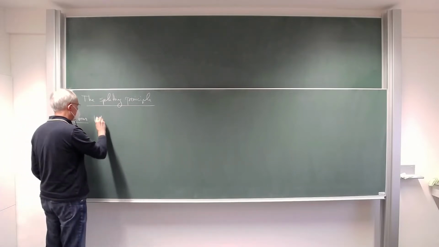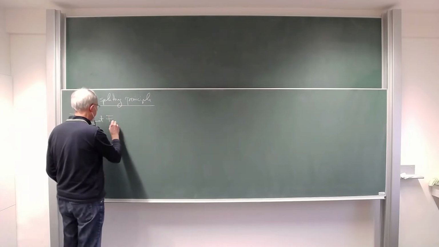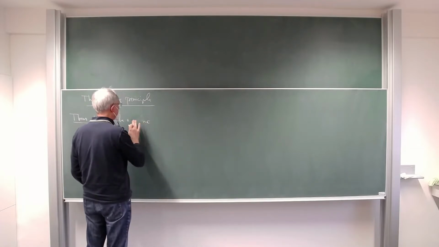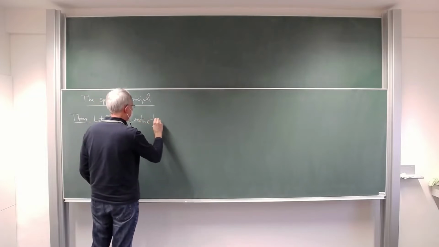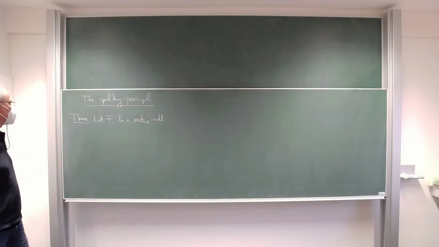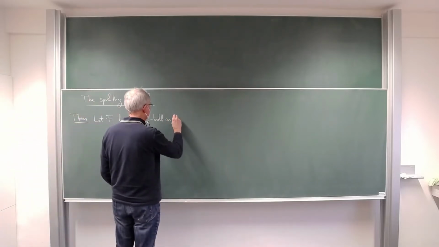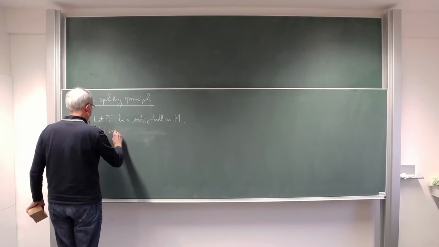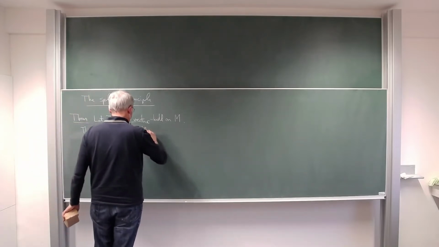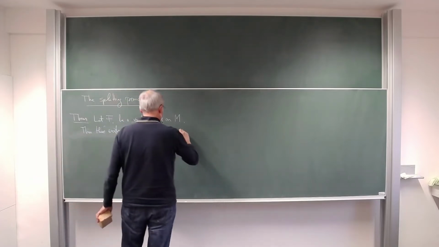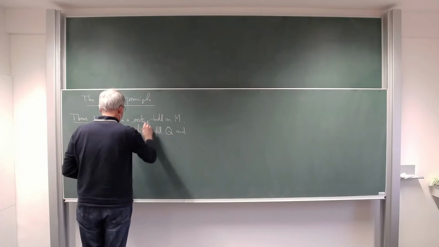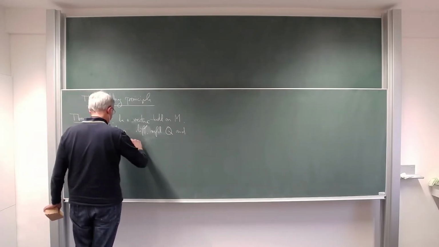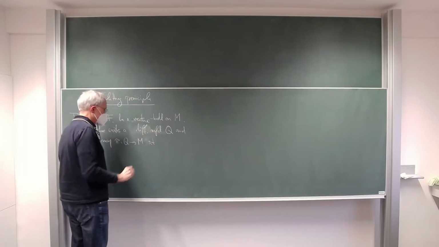So let's consider a complex vector bundle, let's say a vector C bundle, on a manifold M. Then there exists a smooth manifold Q, a differentiable manifold, and a smooth map pi from Q to the base manifold M, such that the following two things are true.